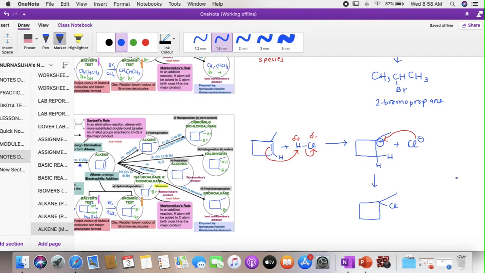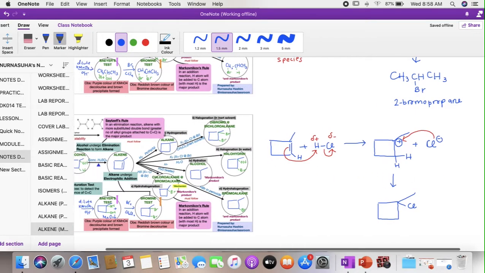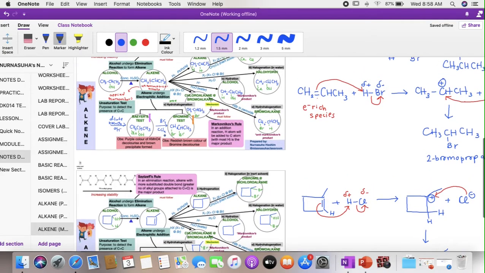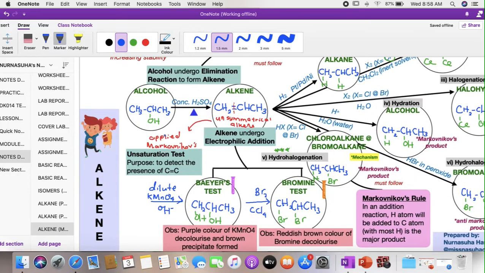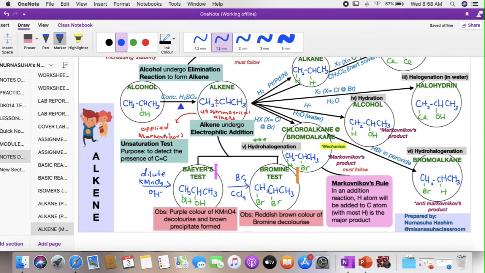Okay, last one. Ini part yang terakhir untuk chapter berapa ni? Chapter 3 adalah Unsaturation Test. Purpose of Unsaturation Test is to detect the presence of carbon-carbon double bond. Fungsi dia adalah untuk cari ada atau tidak carbon-carbon double bond.